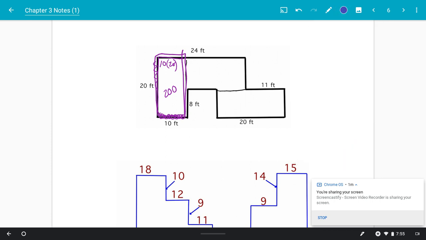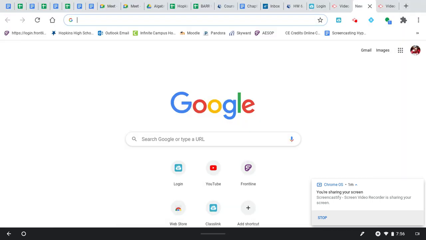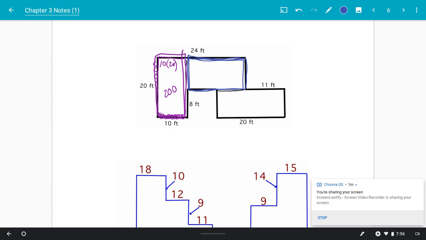Then we need to find the area of the blue one. So I'll highlight this one in blue. Well, this is a little bit of a problem because we don't know what the height or the base are for these ones. So what we'll do is we'll look at this right here. So this matches this guy, which is 20.